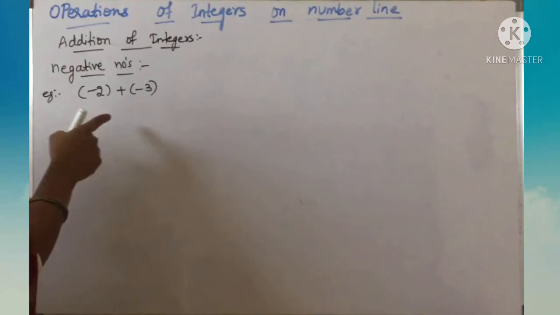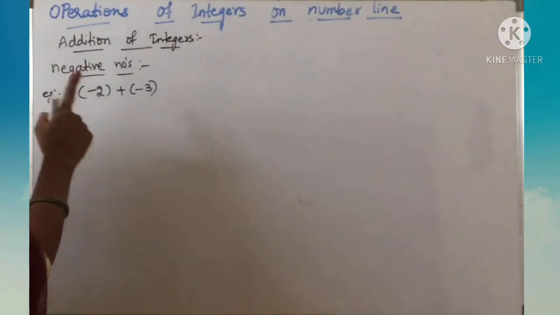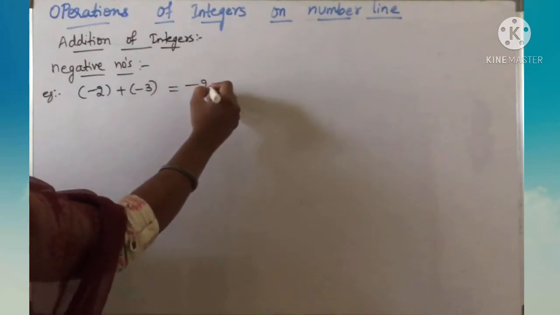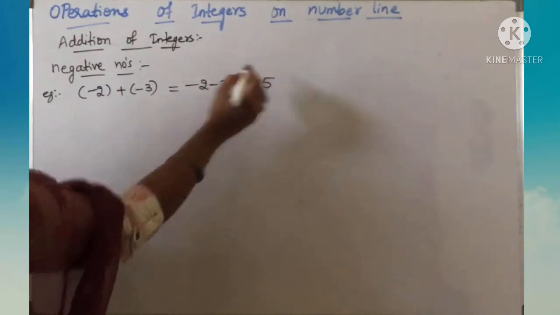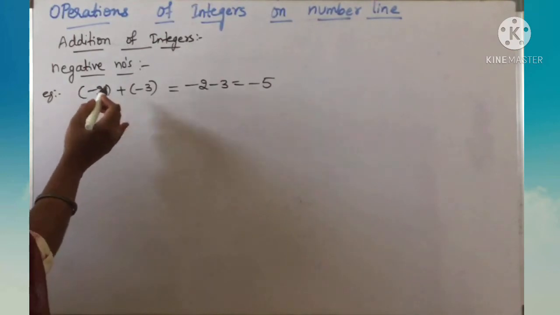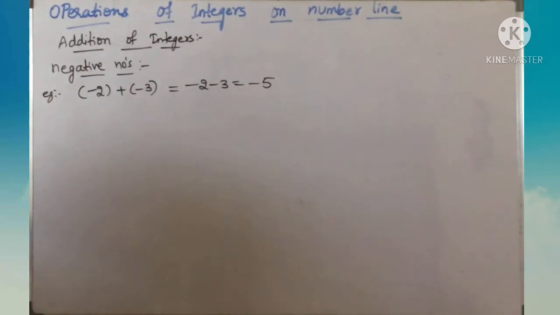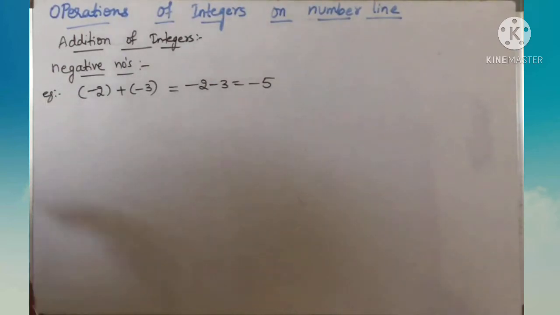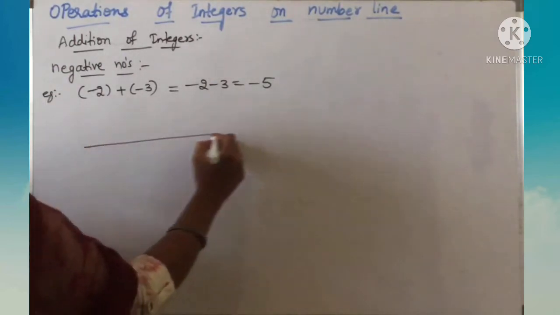So when we add two negative numbers, the result will always be a negative. You know this answer is minus 2 minus 3, that is minus 5. Hence on adding negative numbers, the direction of the move will always be to the left side. Negative, left side, right? Here for example, we'll do this on the number line.